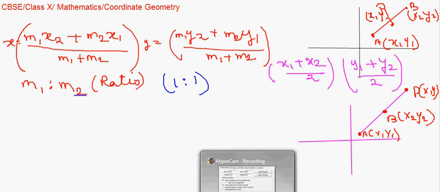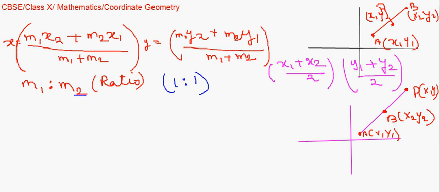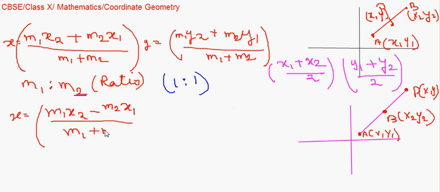In such a case, the formula turns out to be: for the x coordinate it remains m1 x2 minus m2 x1, whole by m1 plus m2.